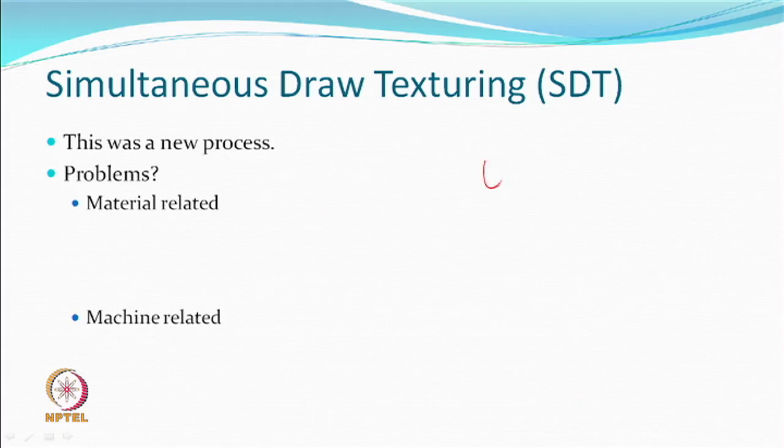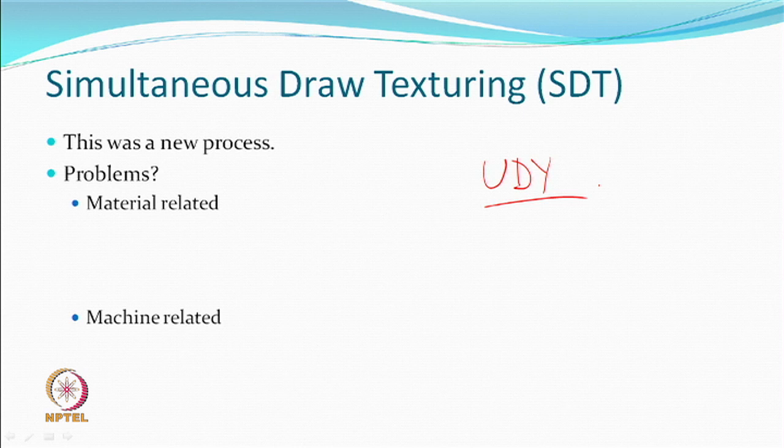And the problems were created initially by the material itself, which was called the UDY. So, the material itself was creating problems. Machine problems obviously would be there, but that has to be handled differently. Let us first see what is the material problem that you are talking about.